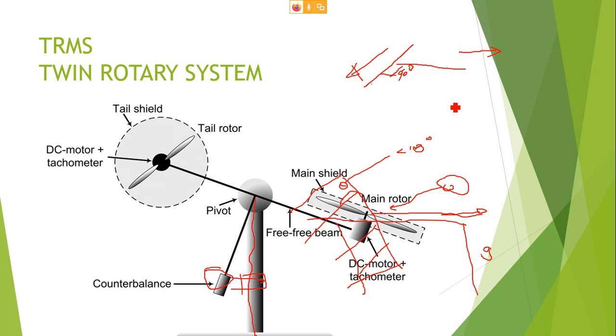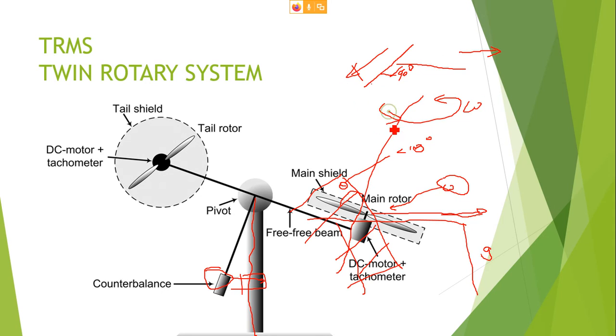What is the purpose of this? When vehicles like helicopters are rotating, for example, this is the axis of the primary rotor, and it is rotating in this direction, with omega in this direction, what happens?